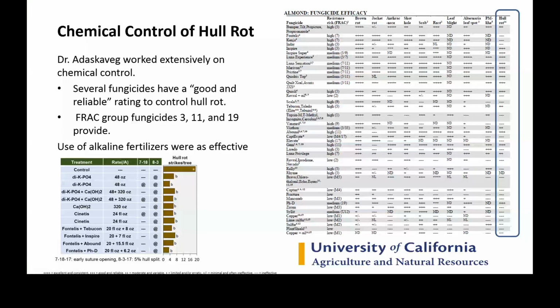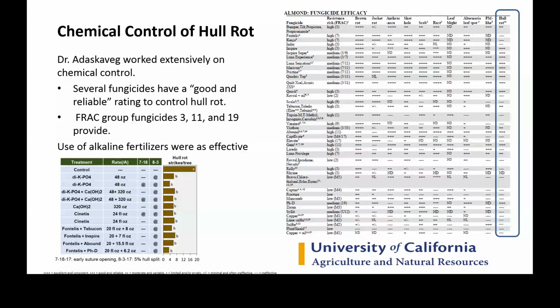Also, Dr. Yaghmour has shown in the past few years that the use of alkaline fertilizers such as Dicap and dipotassium phosphate can significantly reduce hull rot incidence inside the orchard, and their efficacy is comparable to the fungicides.